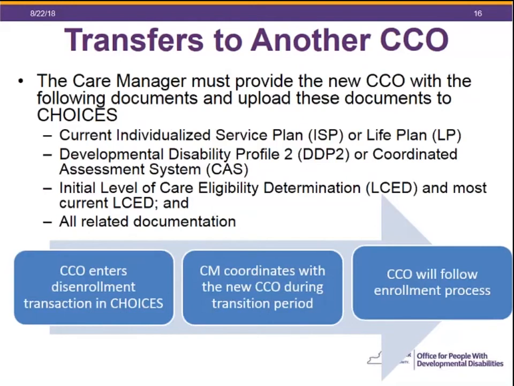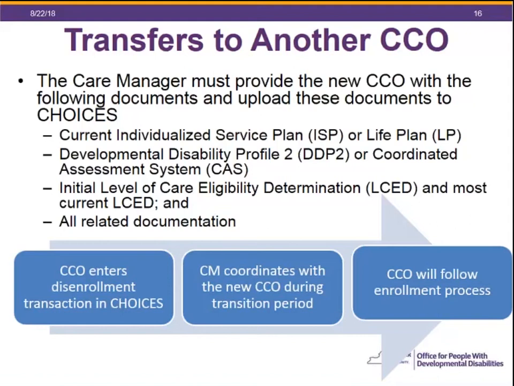So again, we're talking about transferring to another CCO. On the screen, we have the list of documents that I just reviewed that need to be passed from the original CCO to the new CCO. The CCO will then enter a disenrollment transaction into CHOICES.